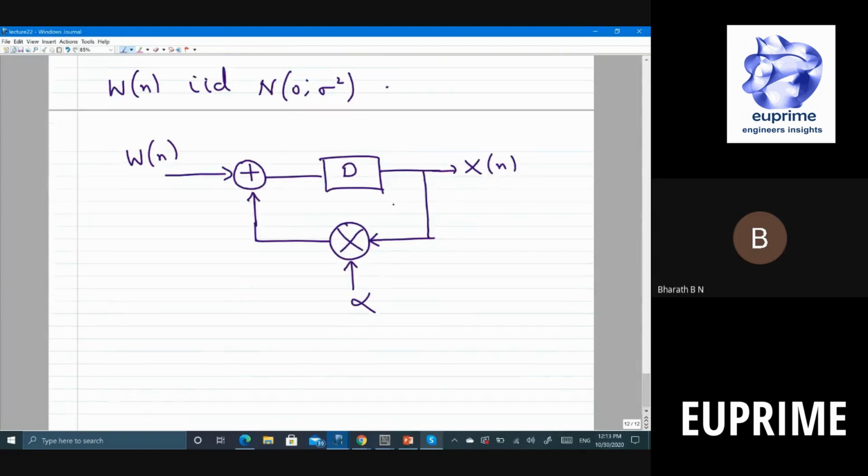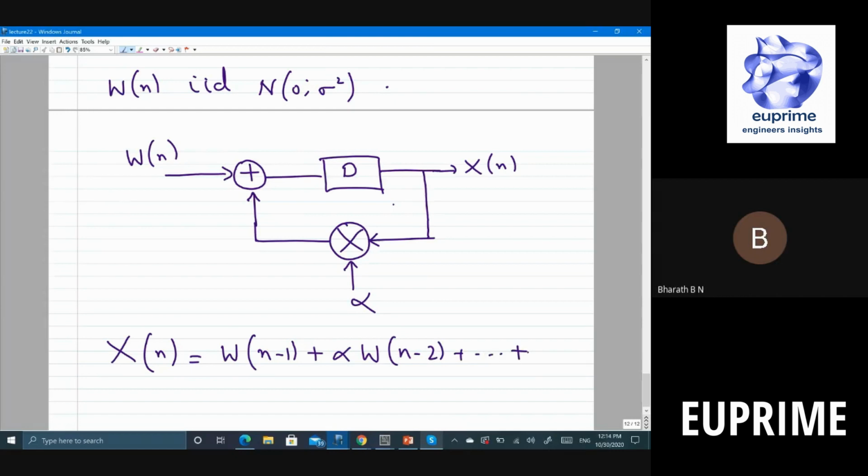Now I need to see what is the mean of this process. So let's look at what will be x of n. I'll write it recursively: x of n would be w of n minus 1 plus alpha times w of n minus 2, plus and so on.